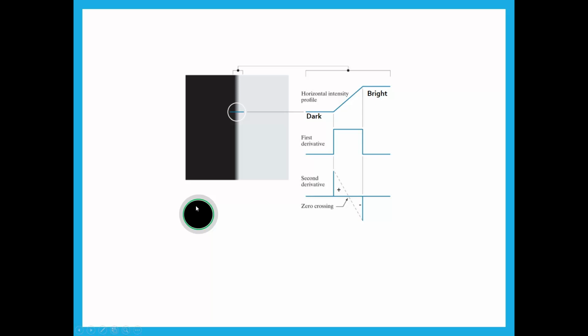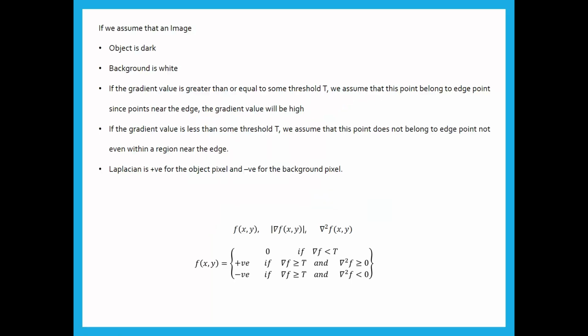As you know, the gradient represents the maximum change in intensity, or maximum rate of change. If we assume that the image object is dark and the background is white, if the gradient value is greater than or equal to some threshold capital T, we assume that this point belongs to an edge point, since near the edge the gradient will be high.